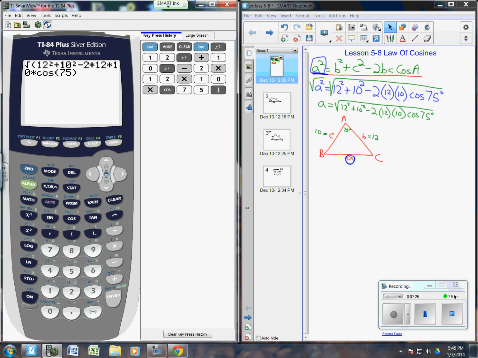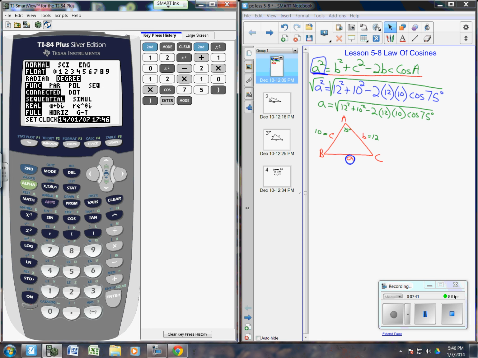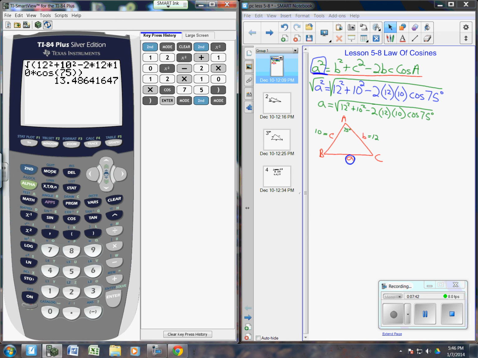And close parenthesis, and another close parenthesis. We had to close the parenthesis for the 75 degrees and then close the parenthesis to take the square root of all of that. Hit enter, and we get 13.48. I'm just going to check my mode to make sure I'm in degree mode. I am. So 13.48 is my answer right here.